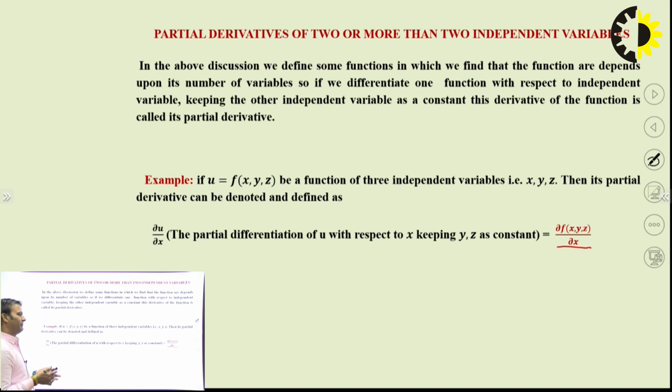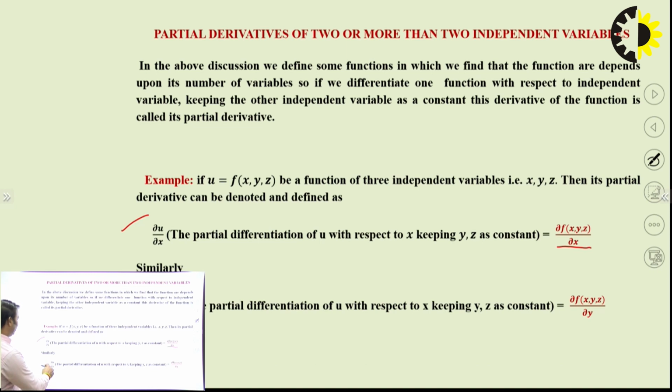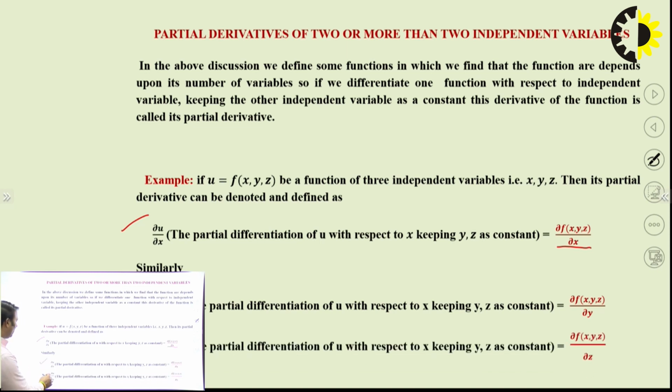We can take the differentiation for more than one variable, it is called partial derivative. In case of more than two variables, it is still called partial derivative, but as we have more than two unknowns here, it is simply written as del u by del x. Similarly, we can find del u by del y, and at the end we can also operate del u by del z.